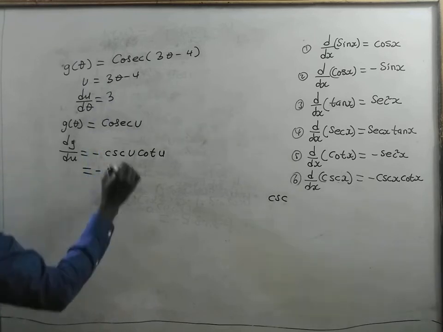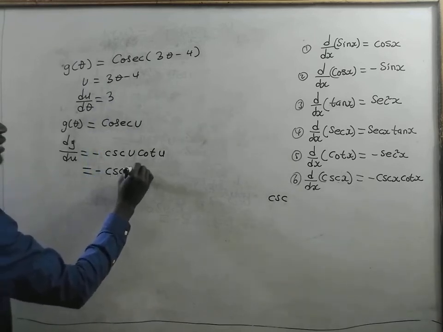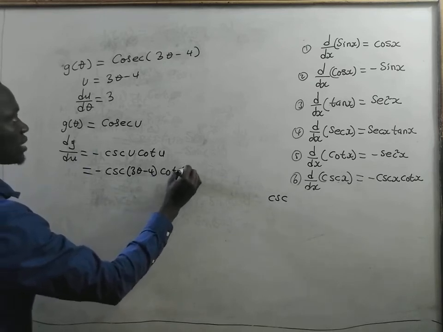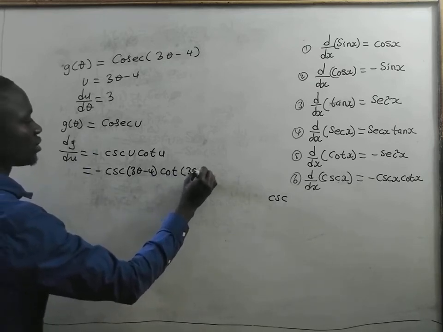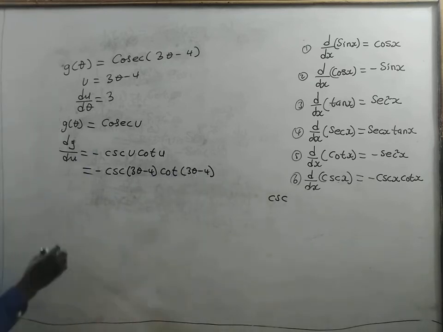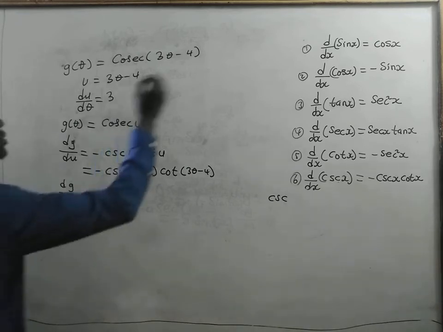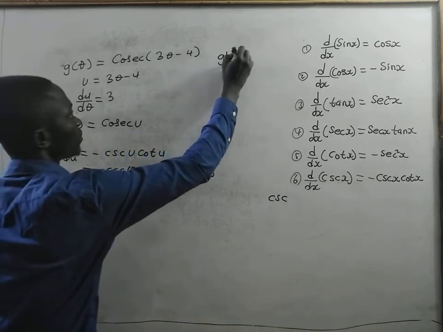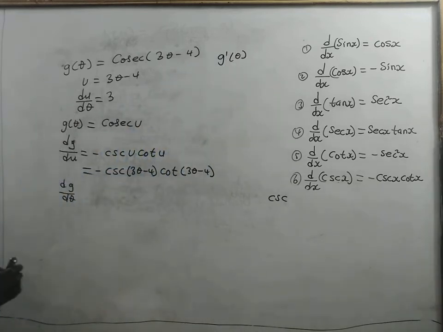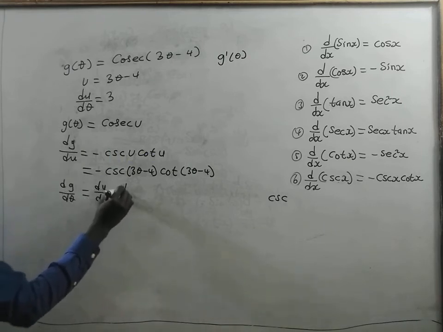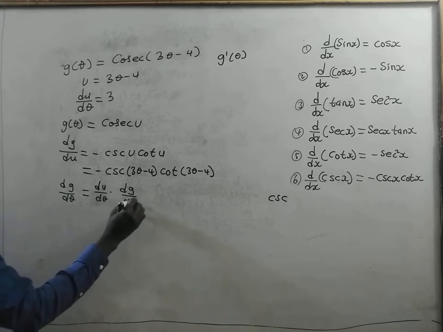We have two terms, so we have to put it in brackets. 3 theta minus 4 times cotangent u, and u is 3 theta minus 4. So the derivative of g with respect to theta, that is g prime of theta, is equal to the derivative of u with respect to theta times the derivative of g with respect to u.